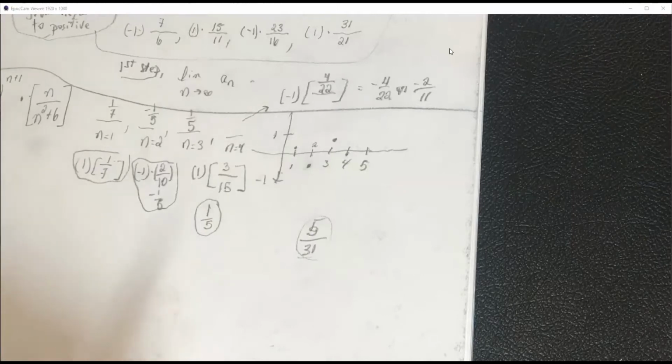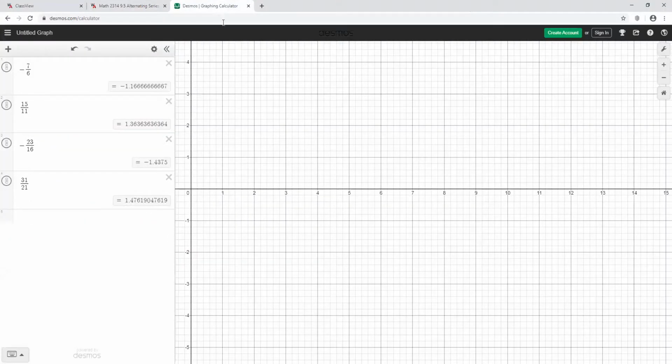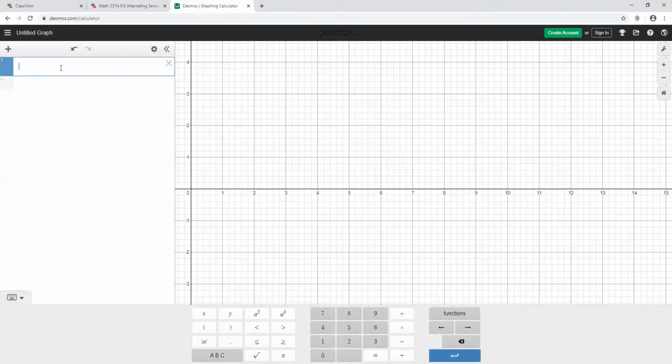So here, we just had 1/5 and negative 1/5, which is 0.2.